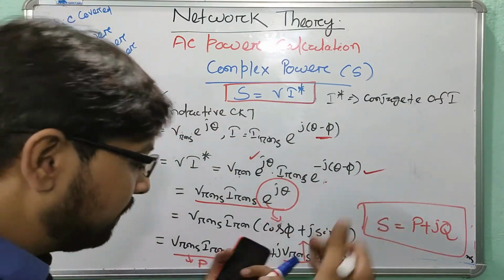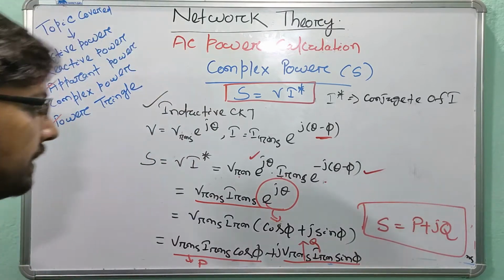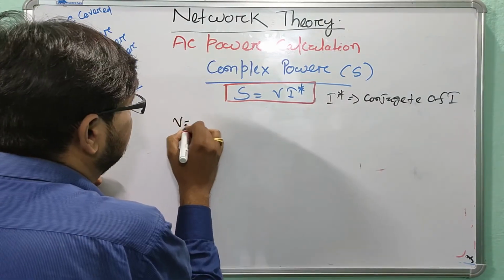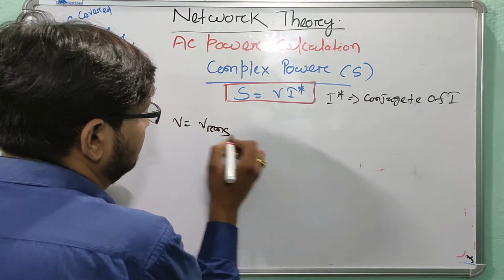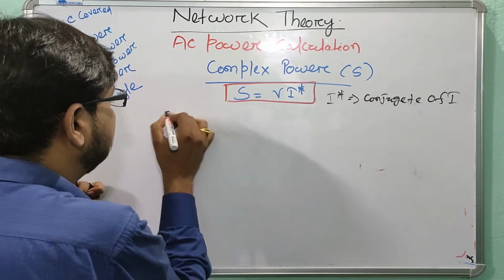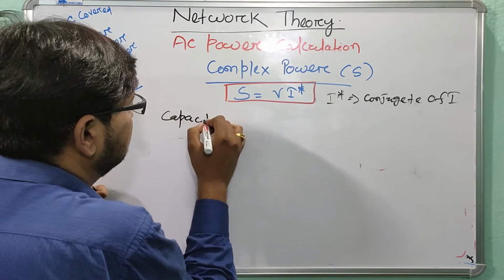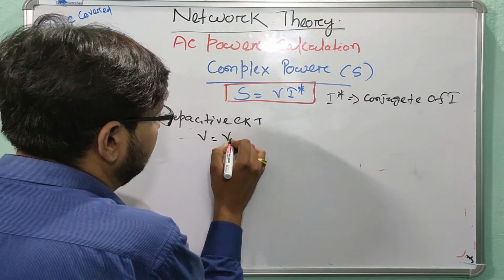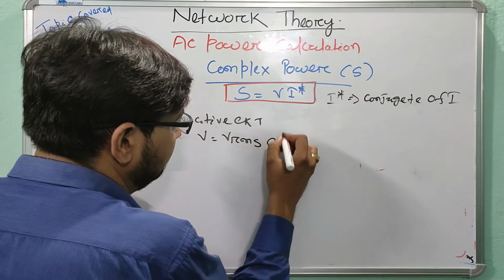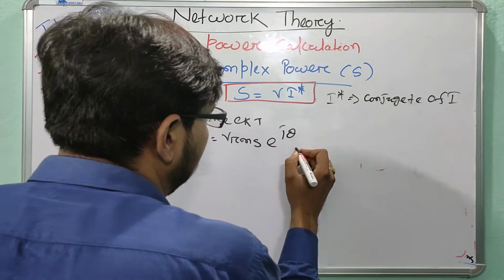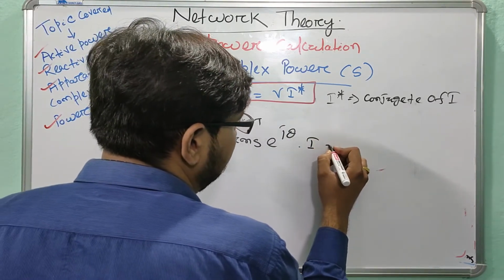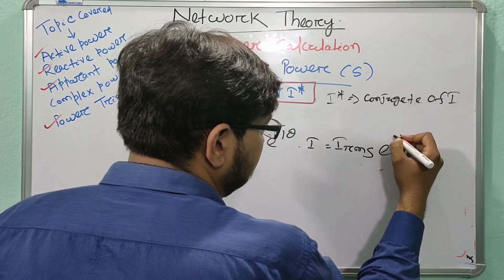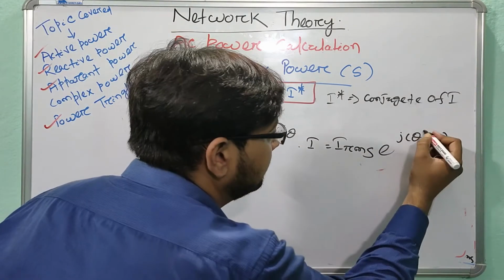Now, what is my complex power of a capacitive circuit? So for a capacitive circuit, V is equal to Vrms e to the power j theta, and I is equal to Irms e to the power j theta plus phi.